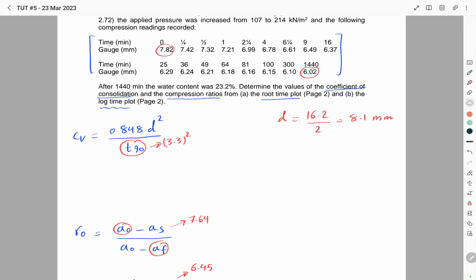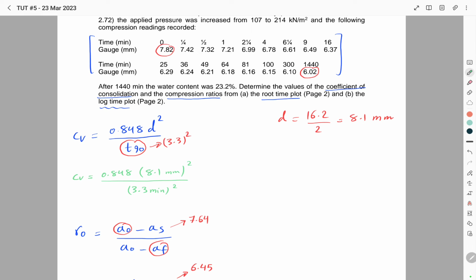For CV, we have 0.848 times 8.1 millimeter to the power of 2 divided by 3.3 minutes to the power of 2.